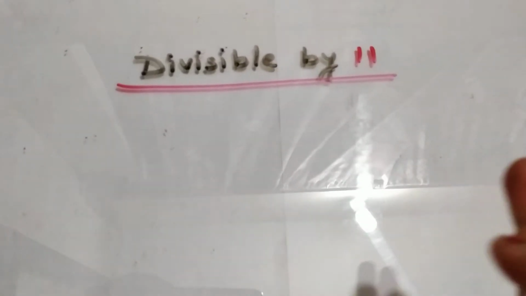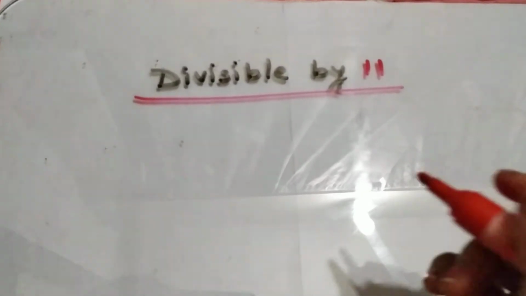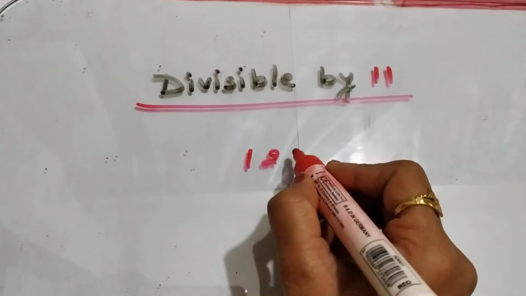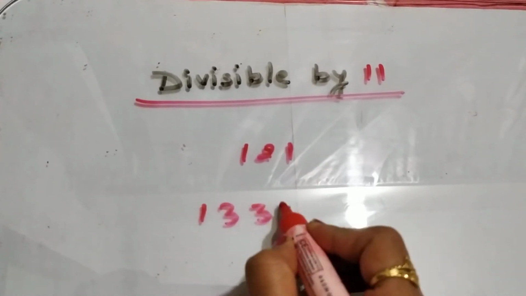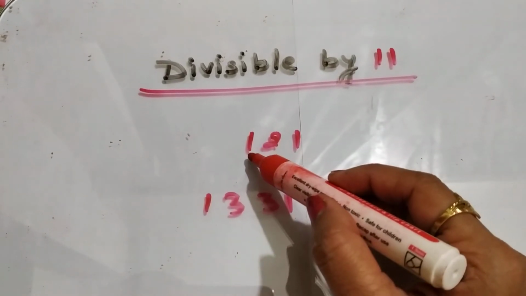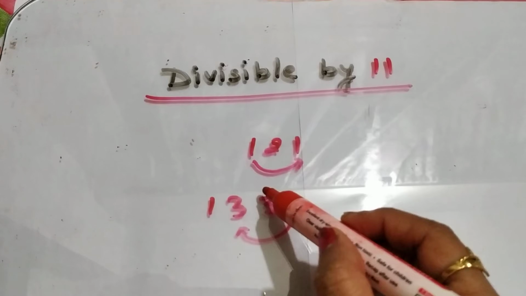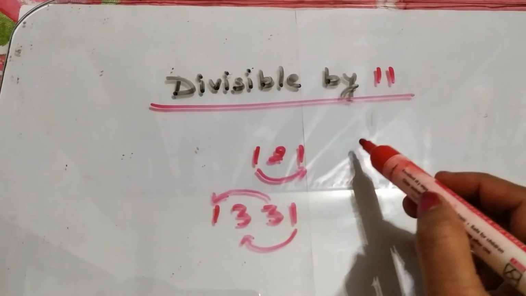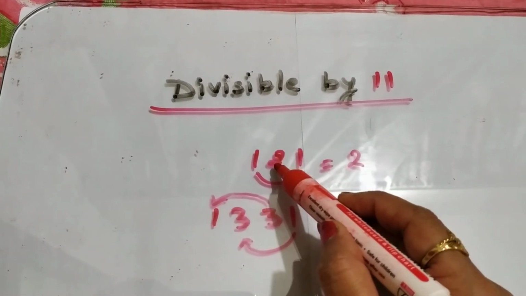Divisible by 11. For this, first we take a simple example. We do the sum of alternate digits: one is the even place and one is the odd place. 1 plus 1 is 2, and for the other there is no other digit.